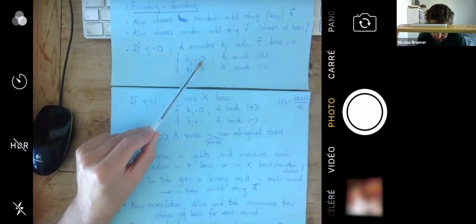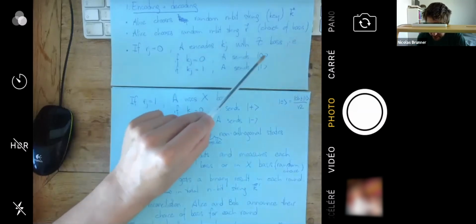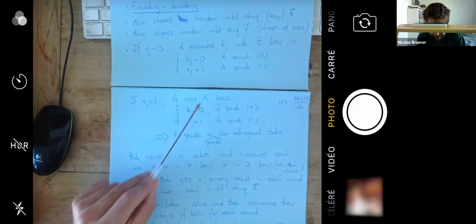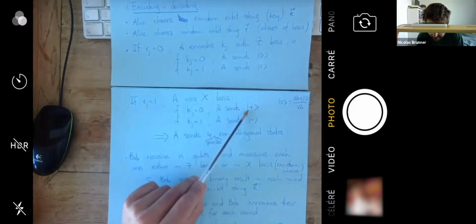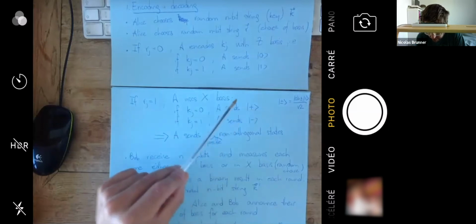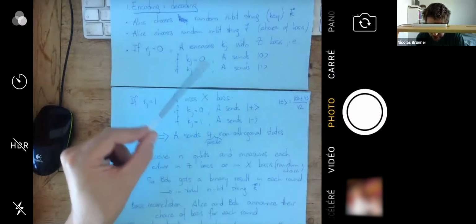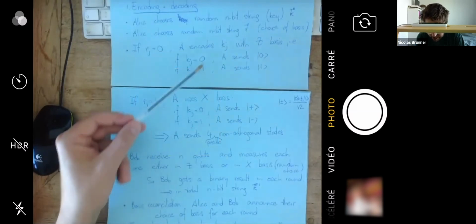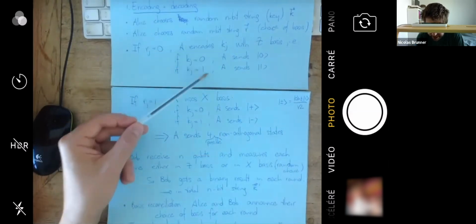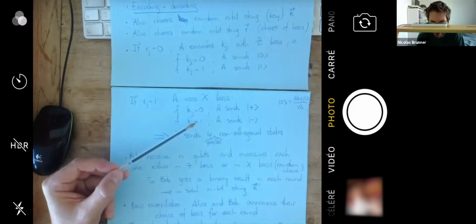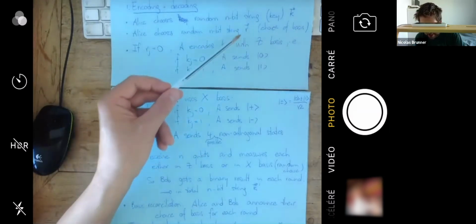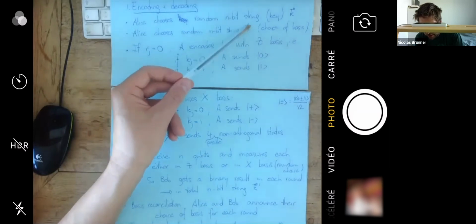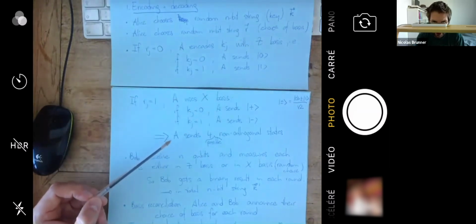This key bit of 0 could be encoded either in the Z basis via the qubit state 0 or via the X basis via the qubit state plus, right? So if you just know that this basis or that basis has been chosen, you cannot tell what was the bit value. So every bit value is as likely for the Z basis or for the X basis. So this basis reconciliation does not provide any information to Eve, okay?